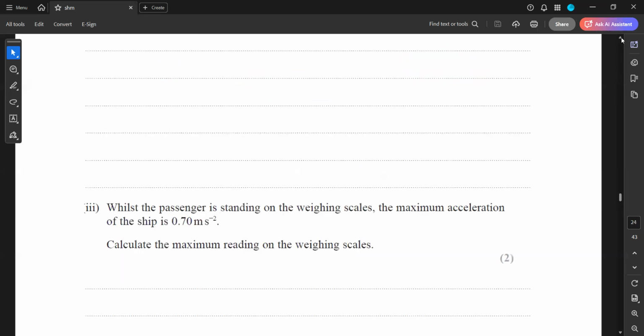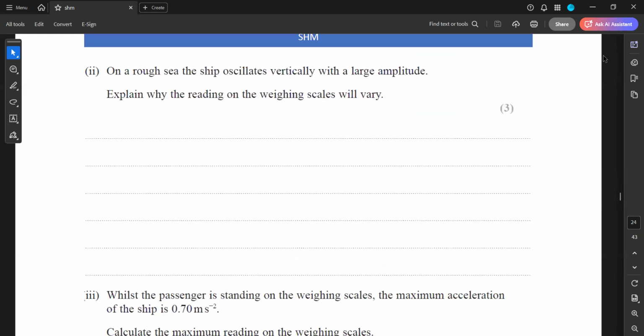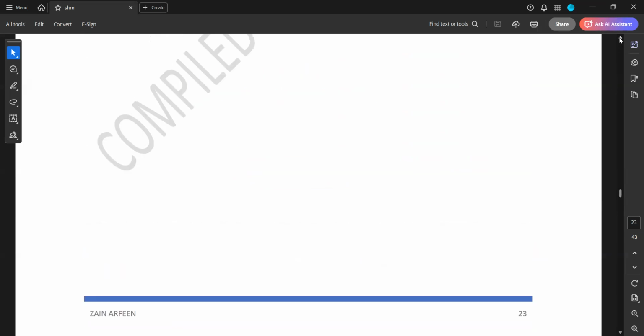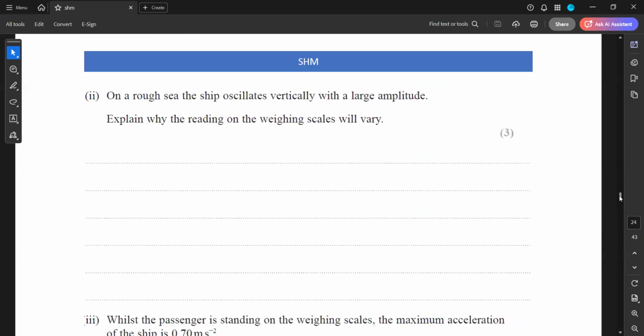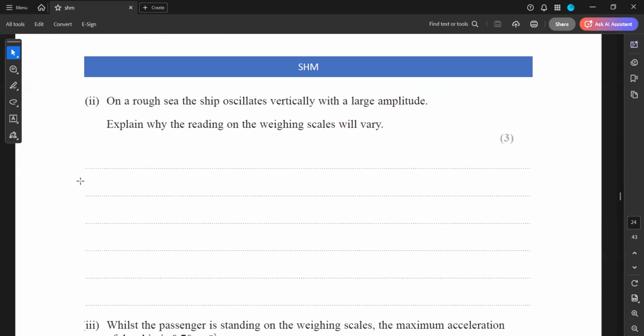The next part: on a rough sea, the ship oscillates vertically with a large amplitude. Why does the reading on the weighing scale vary? First, when it was calm, the weight was acting downward and the normal contact force, R, was acting upward.